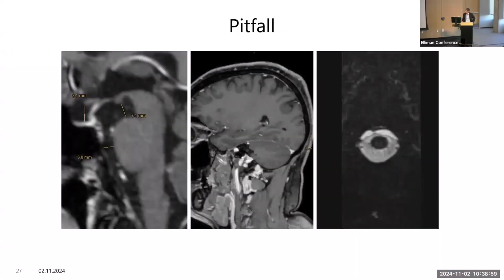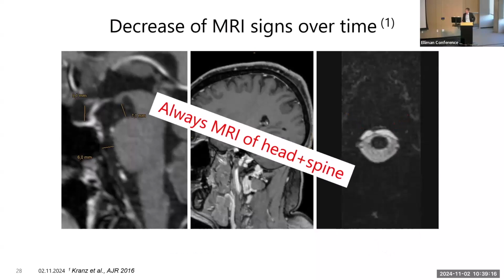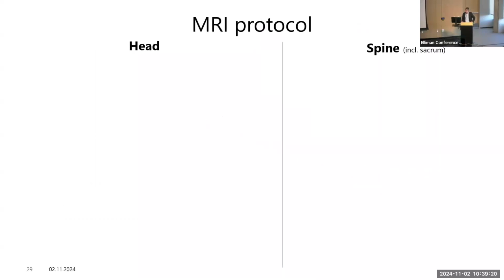And then we have pitfalls, of course, and we know that patients with a longer term of the disease will have decreased signs on MRI of the head, but will still or may still have a dural leak. So we should always perform an MRI of the head and the spine. And here are some protocols.